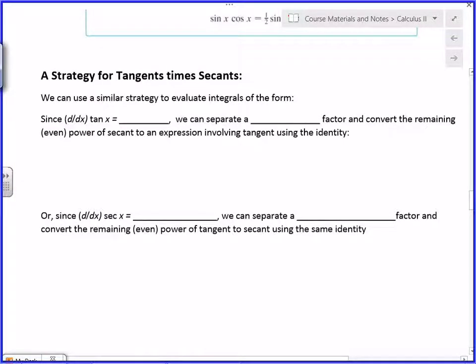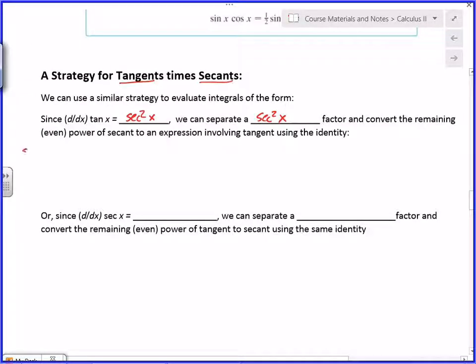So now let's talk about when tangents are times secants. What's the derivative of tangent? Secant squared of x. So we can separate out a secant squared of x factor, and then there's actually a Pythagorean identity for the relationship between secants and tangents.